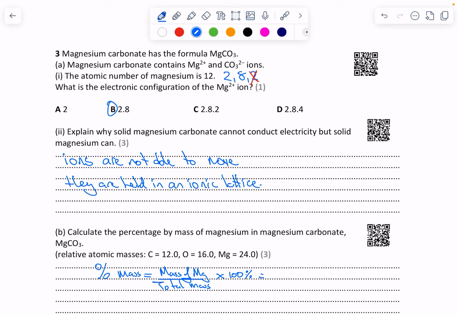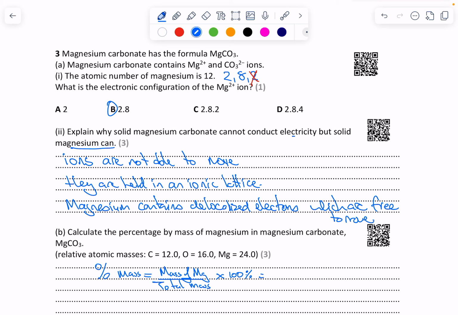The second bit is, why does magnesium conduct? So magnesium is a metal and it contains delocalized electrons. So I'm going to put here, magnesium contains delocalized electrons, and we then need to say which are free to move.